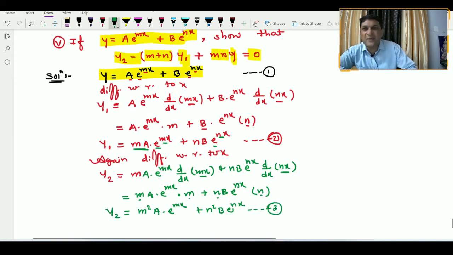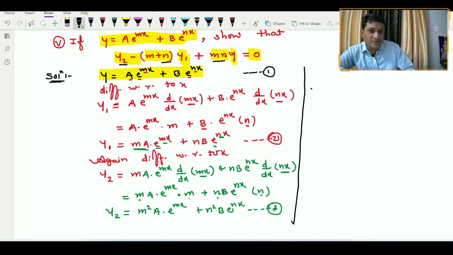Now once all these values are known to us, we consider the left hand side of the required result. So what is the left hand side? y2 minus (m plus n) into y1 plus mn y, and simplifying it we have to show that its value is 0.